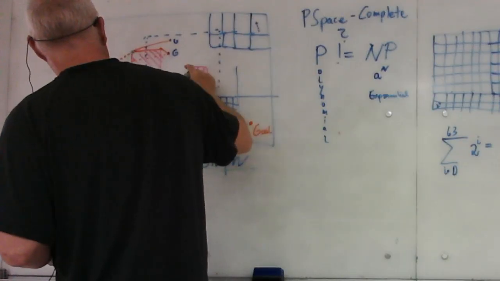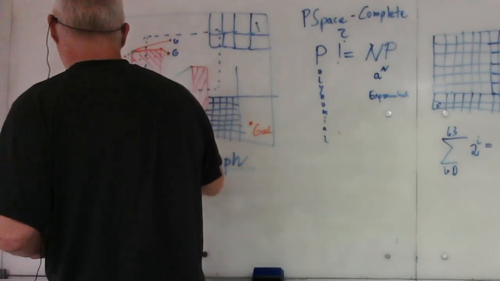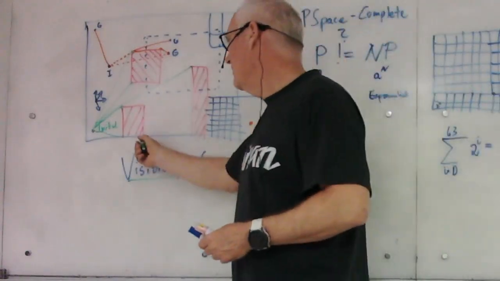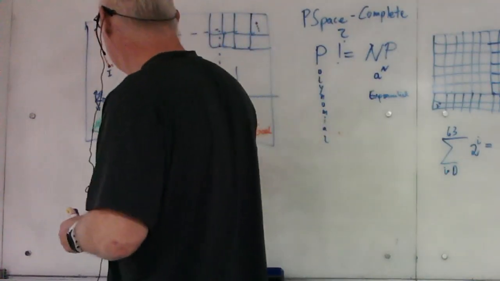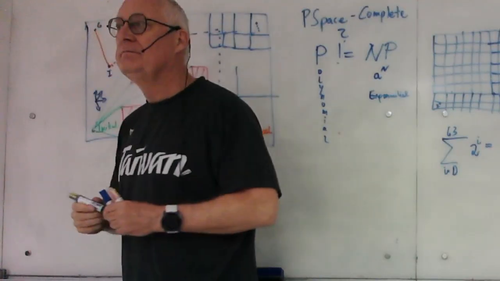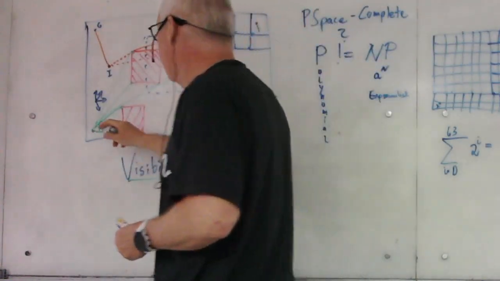This one is blocked. This one is blocked. This one is also possible. So that's from the initial state.